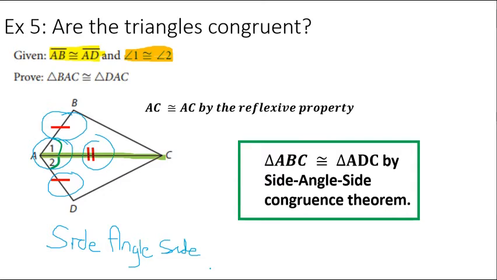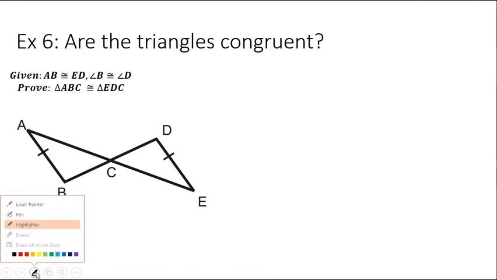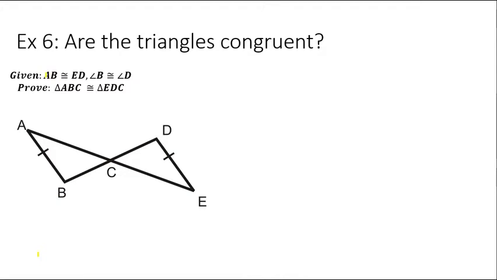And now let's look at our last example. Here it's asking, are the triangles congruent? And again, they give you a given statement. So first thing you look at is they say AB is congruent to side ED.